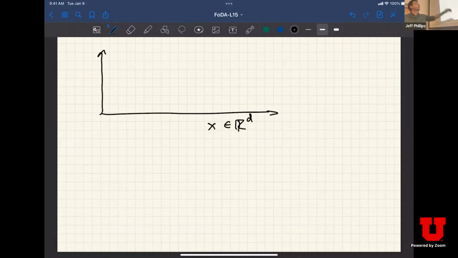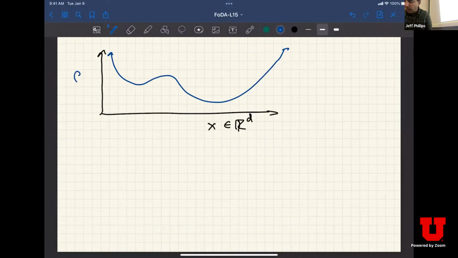So think of the X coordinate as a d-dimensional domain, and we want to have a function. So the Y value will be f of X, right? Remember a function: for every value of X, it gives you exactly one value on the Y coordinate, okay?